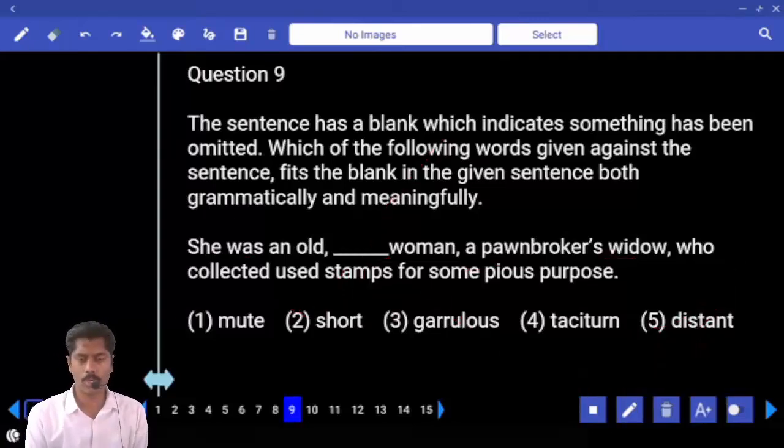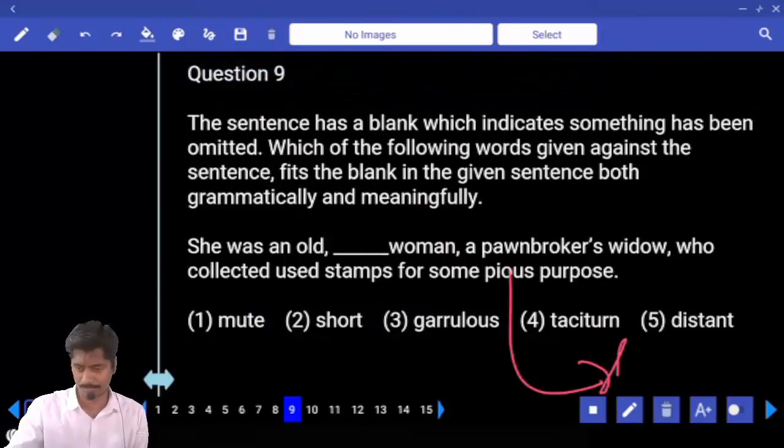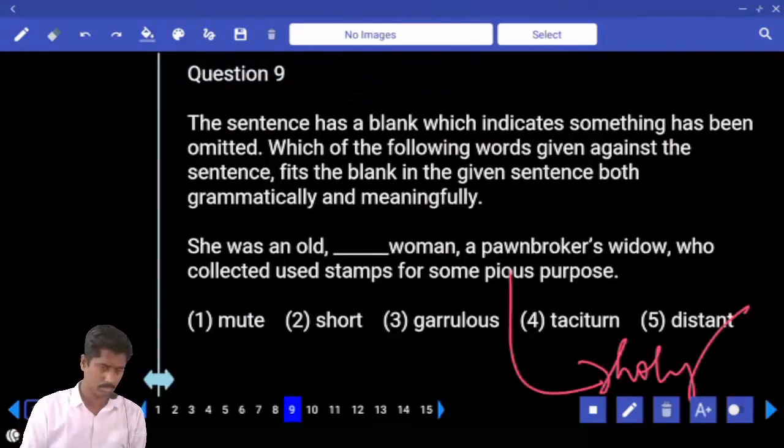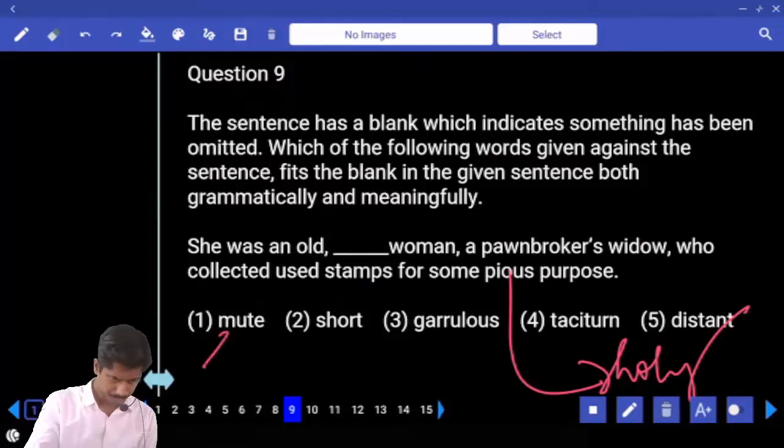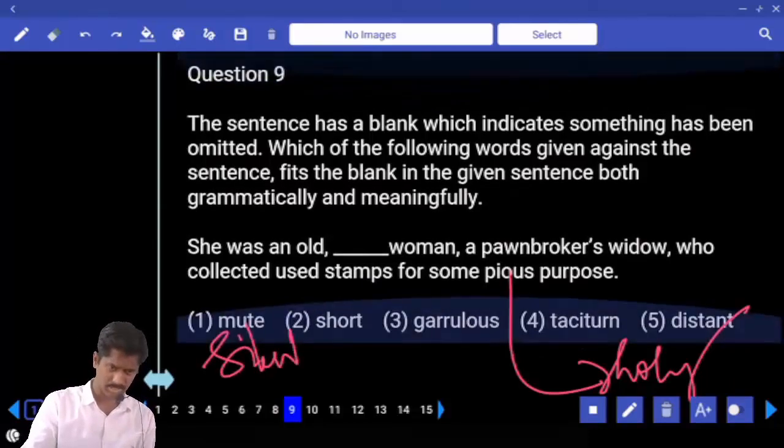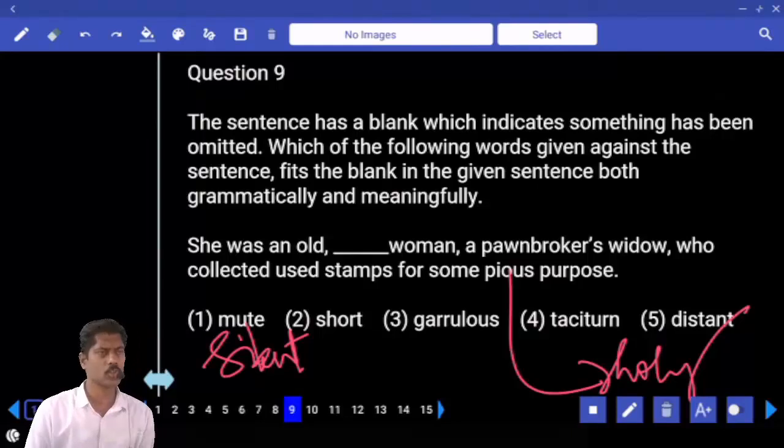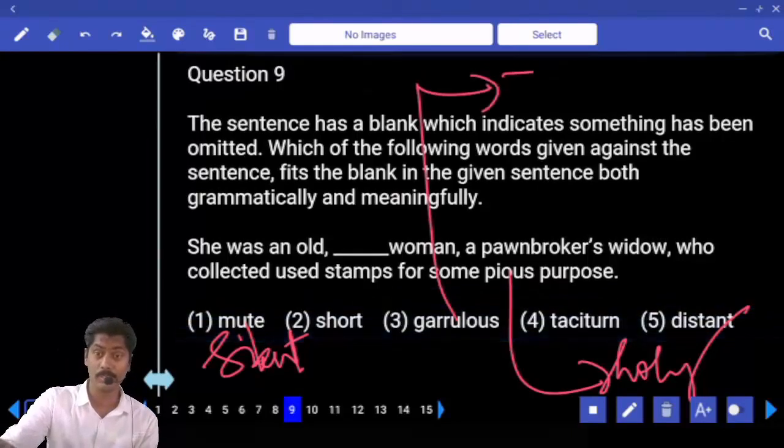She was an old dash woman, a pawnbroker's widow who collected used stamps for some pious, means holy, purpose. Mute means silent. Short, opposite tall. Garrulous, very good.